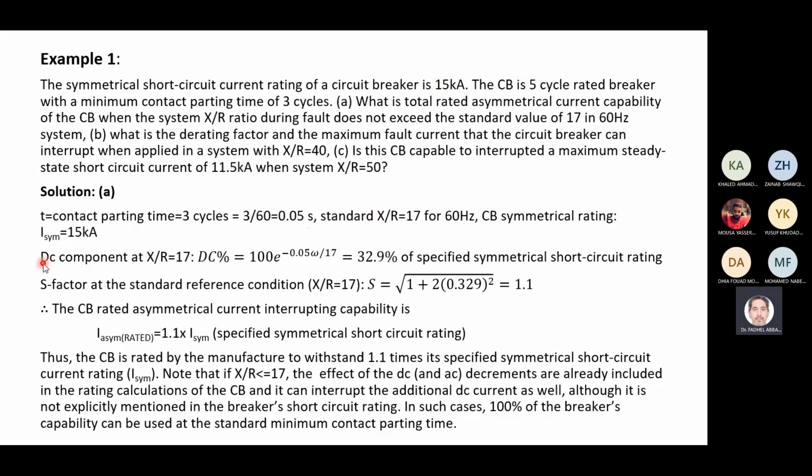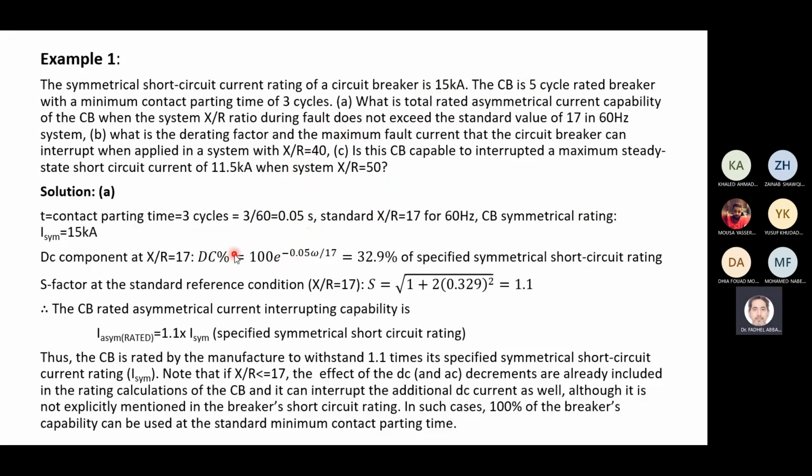So how do I determine the DC component at X/R of 17 at the contact parting time?